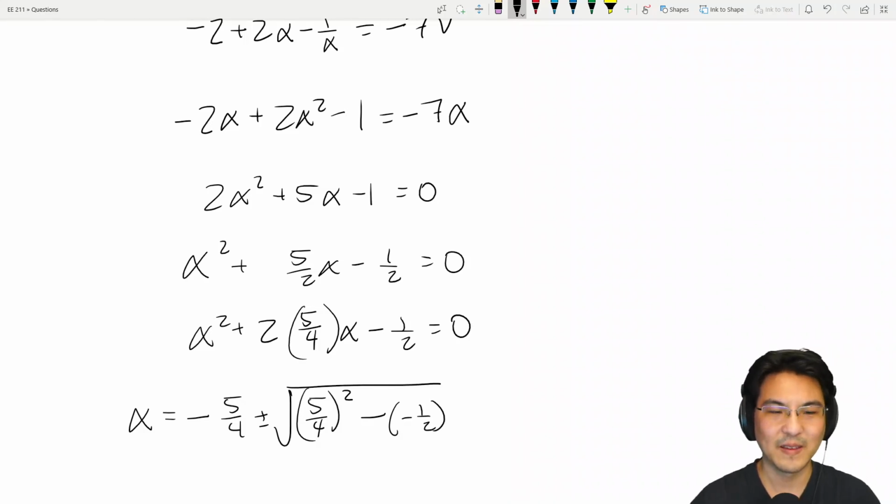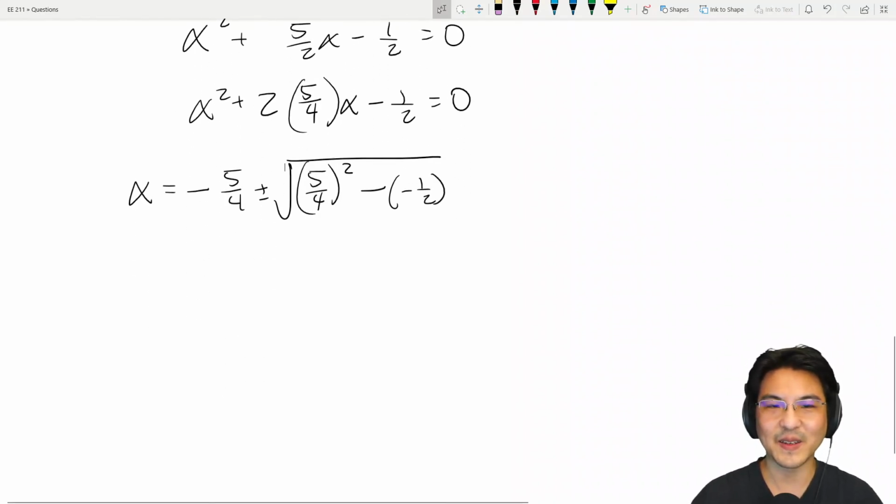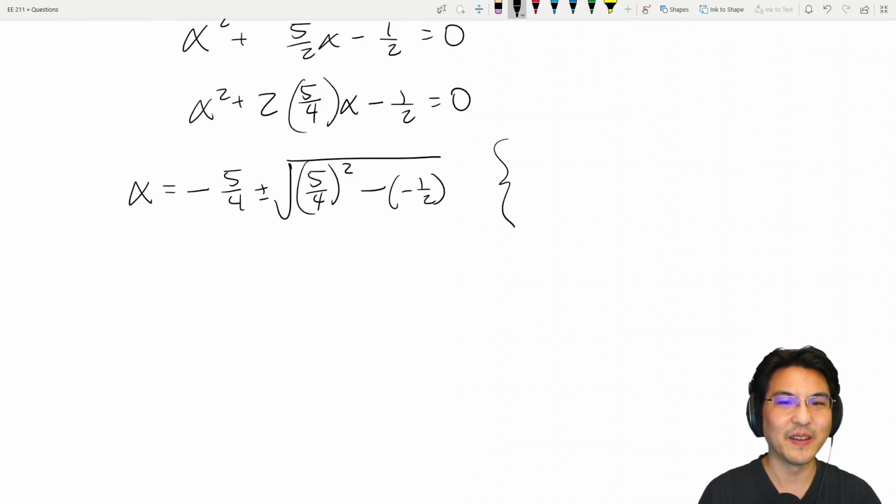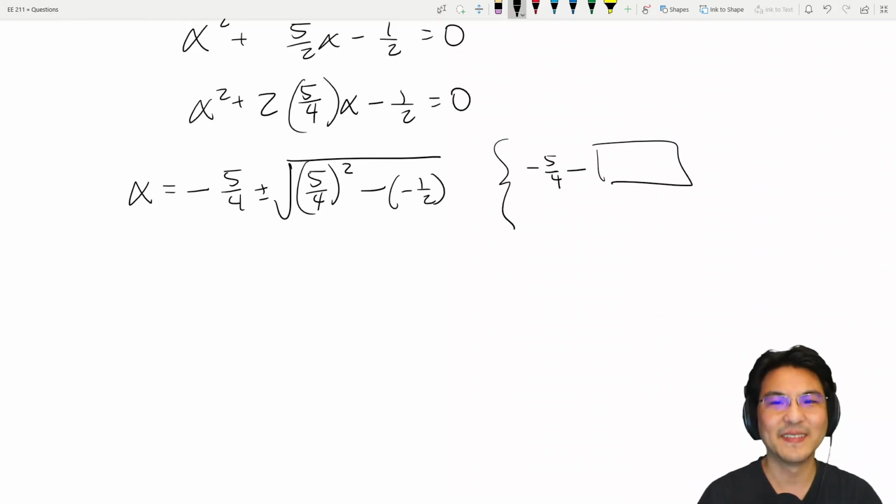There you go. Then just punch that in the calculator. Let me pause. Well, you're going to have 2 answers, where one of them is going to be negative, because it's going to be -5/4 minus something, and the other is going to be -5/4 plus something.